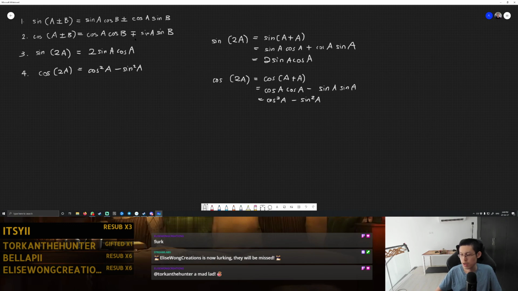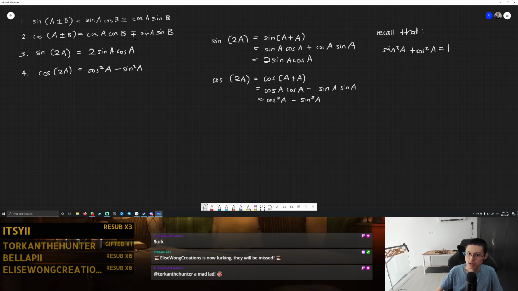However, for cos, you can actually use the basic identity to generate two more double angle formulas, which are quite handy. So just to remind you what the basic identity is, sine squared A plus cos squared A is equal to 1.